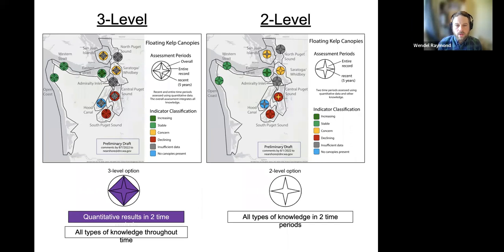Yeah, so the most prominent disadvantage is the separation of quantitative data that reflect traditional scientific rigor, which is a priority for Puget Sound Partnership, and separating that from other data sources and other ways of knowing, whether that's indigenous scientific knowledge or a one-off paper about one site somewhere in the San Juans or within the subbasin, from 30 years ago.